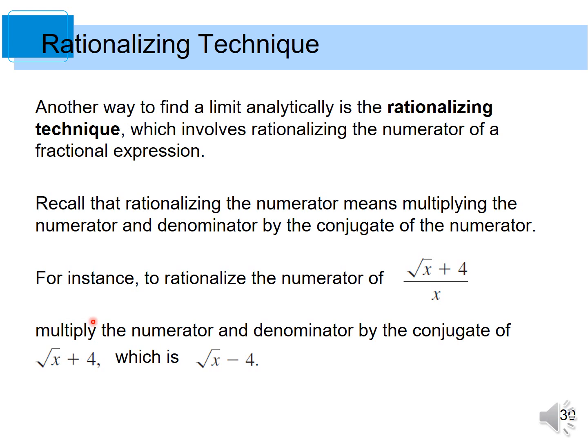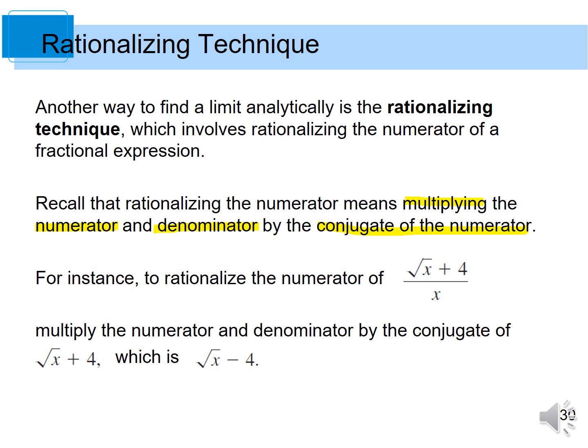Another way to find a limit analytically is the rationalizing technique, which involves rationalizing the numerator of a fractional expression. Recall that rationalizing the numerator means multiplying the numerator and denominator by the conjugate of the numerator.